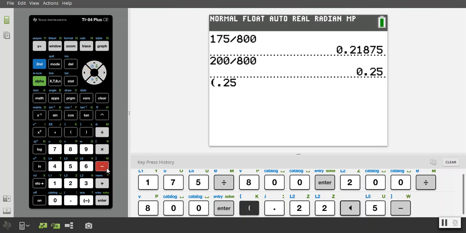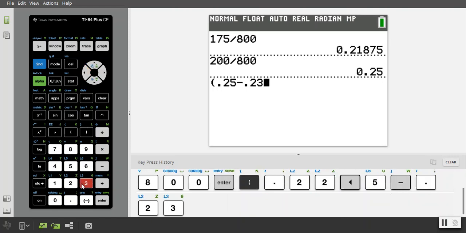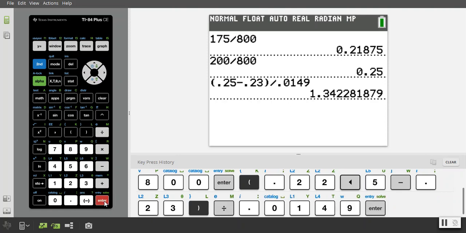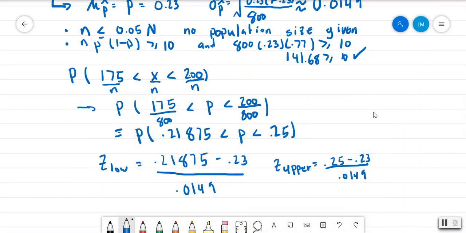So 0.25 minus 0.23, all this divided by 0.0149. We hit enter and we get 1.34. I'm trying to see what's a good number of decimal places to take. Let's do 4. So 1.3423.